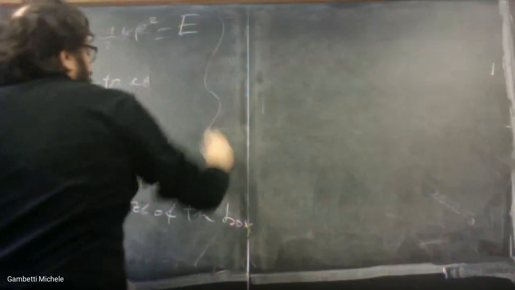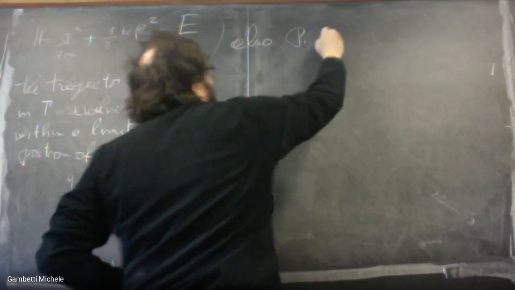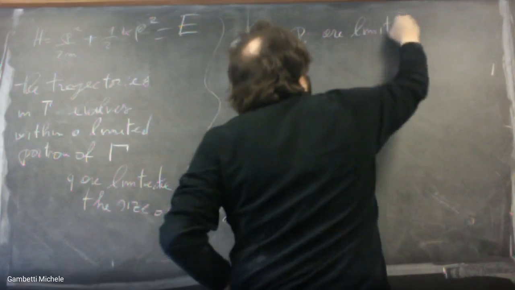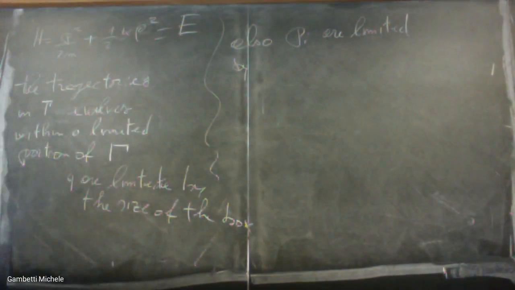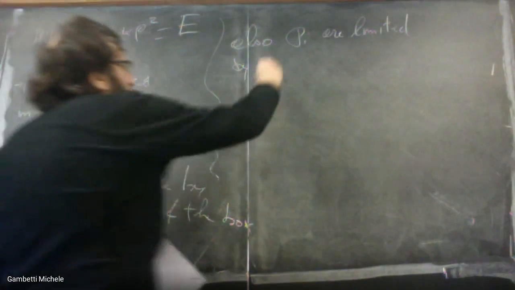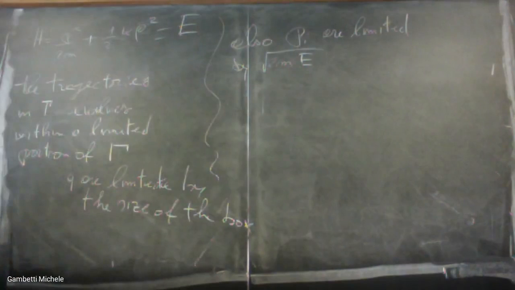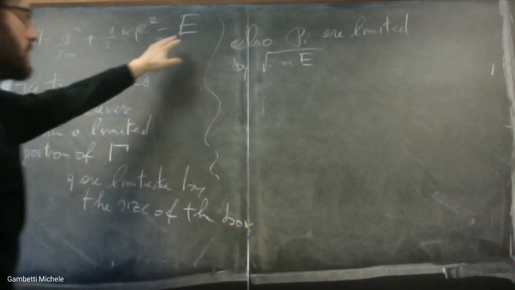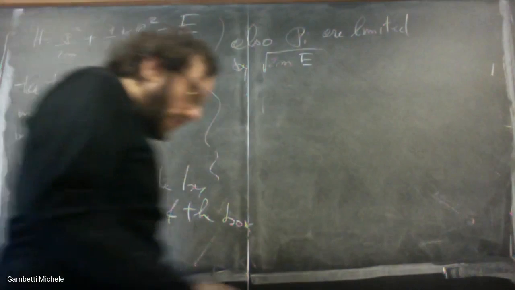So also the p_i are limited, basically by the square root of the energy times the square root of 2m. So I cannot have a momentum which is larger than what the total energy of the system allows.